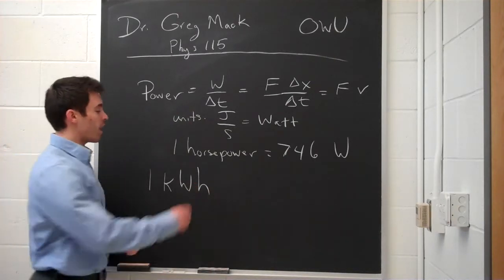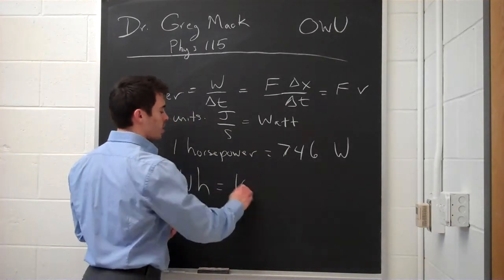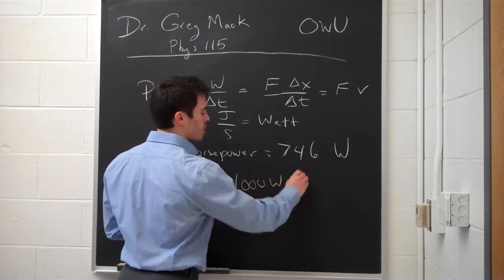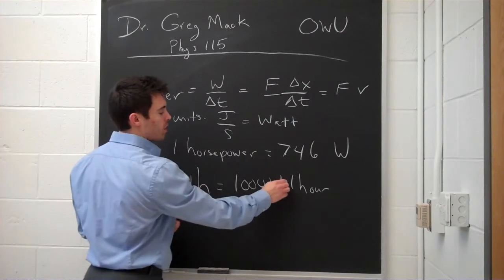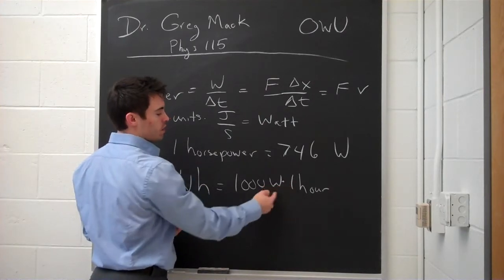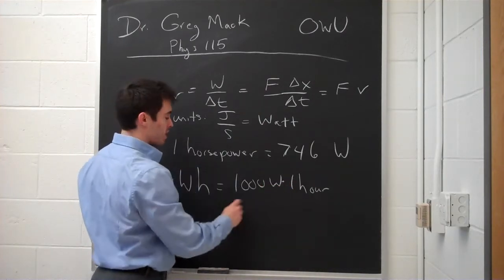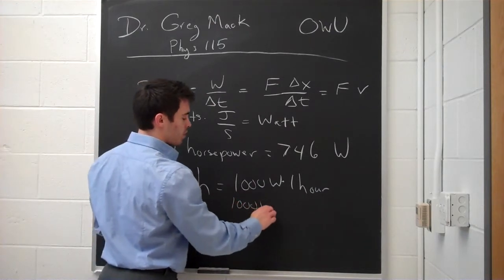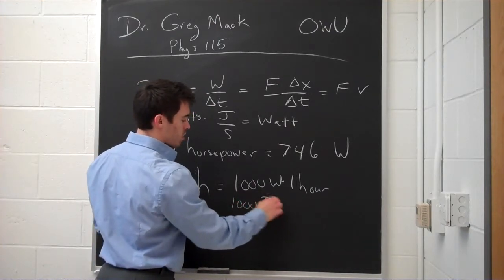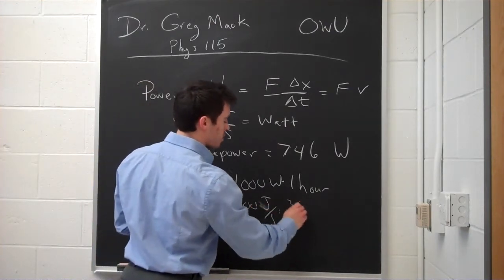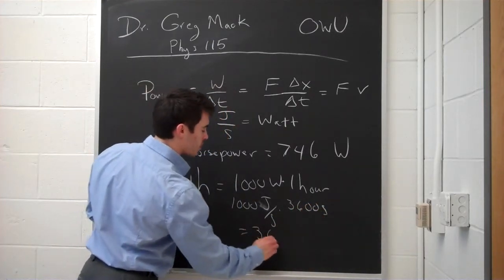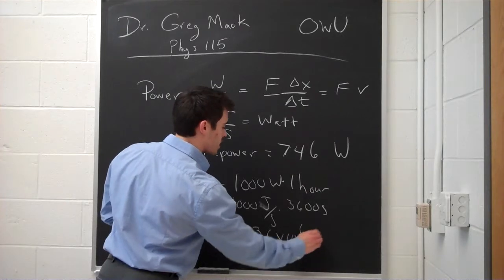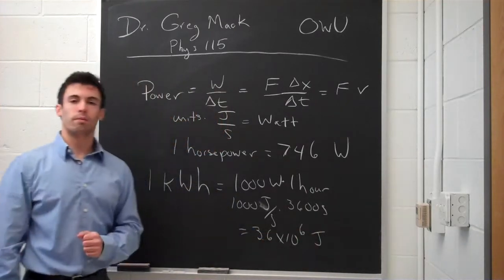So 1 kilowatt hour will be equal to 1,000 watts of energy used in 1 hour, or if we want to actually convert that, since this is joules per second, let's make that into seconds too. 1,000 joules per second times 3,600 seconds would give you 3.6 times 10 to the 6th joules of energy.